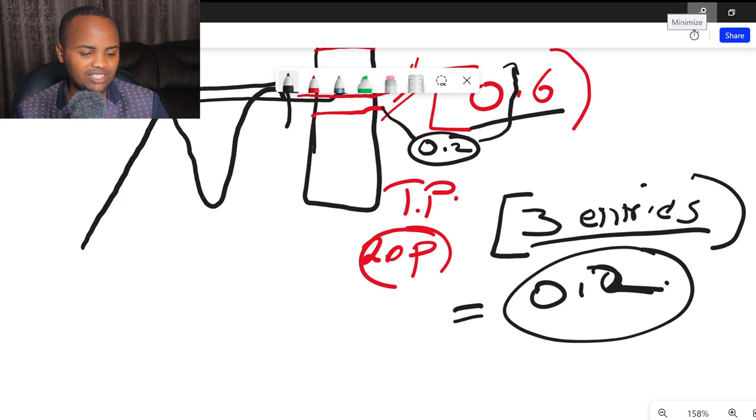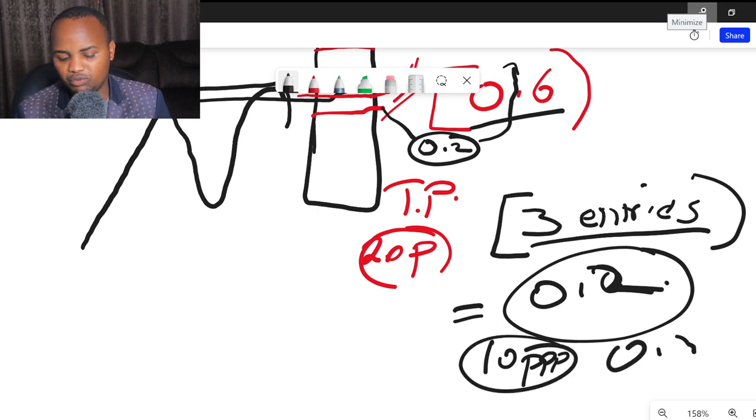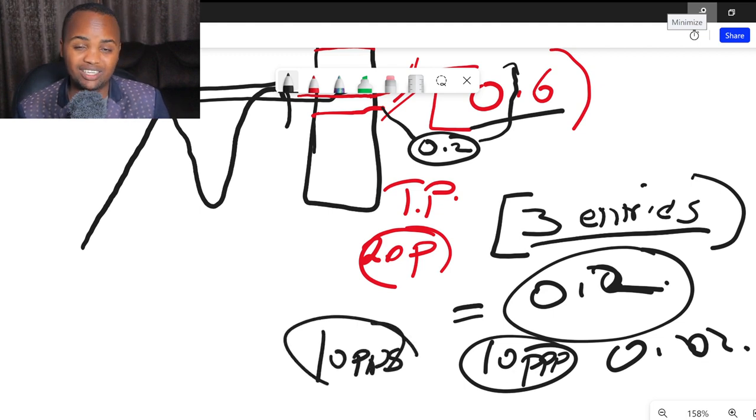So maybe after 10 pips, you can place another entry of 0.02, and then maybe after another 10 pips, or when you see the market is still going against you.